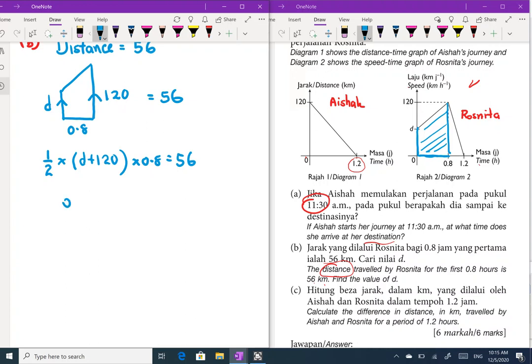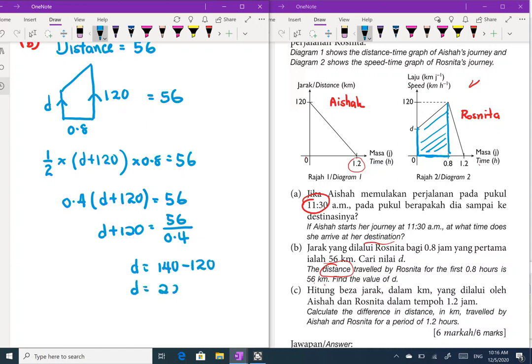So here is 0.4 times D plus 120 equal to 56. D plus 120 equals 56 divided by 0.4. So D is 140 minus 120. So D is 20.